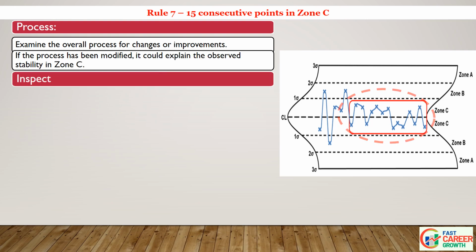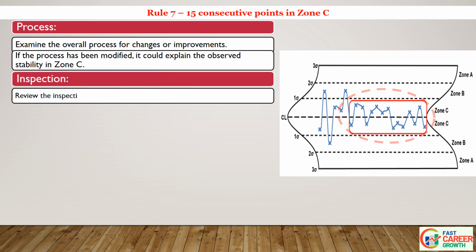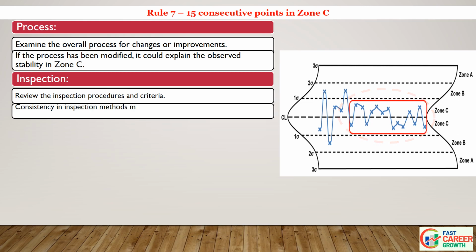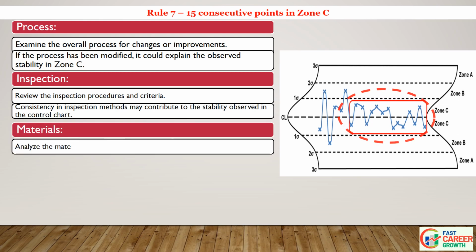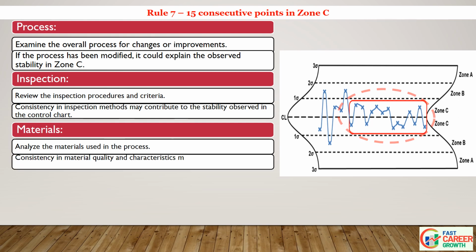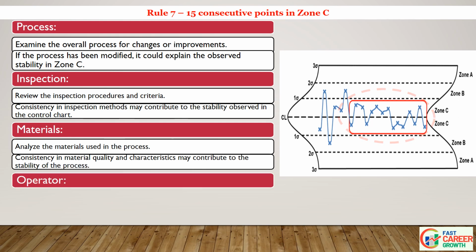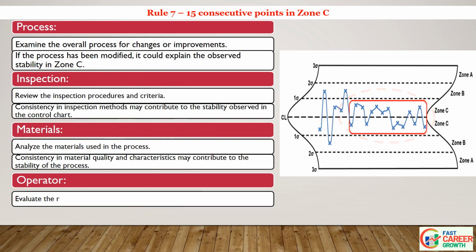Review the inspection procedures and criteria. Consistency in inspection methods may contribute to the stability observed in the control chart. Materials. Analyze the materials used in the process. Consistency in material quality and characteristics may contribute to the stability of the process. Operator. Evaluate the role of operators in the process.